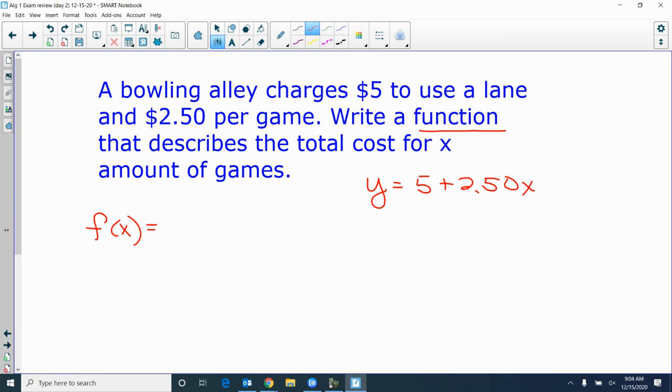Now you can either flip it and put the 2.50x first, or you can put the 5 first, it doesn't matter, either way, but you have to have that f of x. And if this is an x, that has to be an x. If they said to use g, you'd have to say f of g. That has to match up. So that's what you're gonna have for the bowling alley one. You only use the f of x when it says function. Yep, only when it says function.